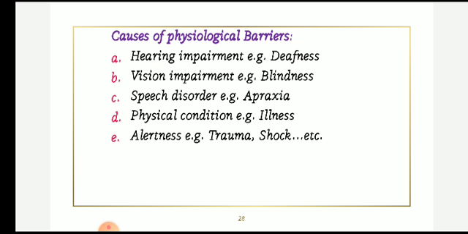Apraxia is inappropriate movement of the tongue to pronounce the word properly and correctly. Sometimes other problems like cluttering and muteness are also found.